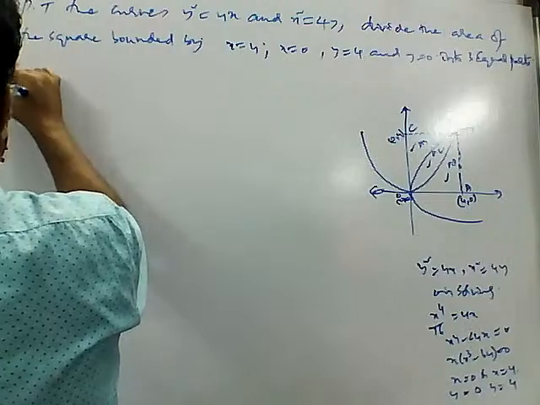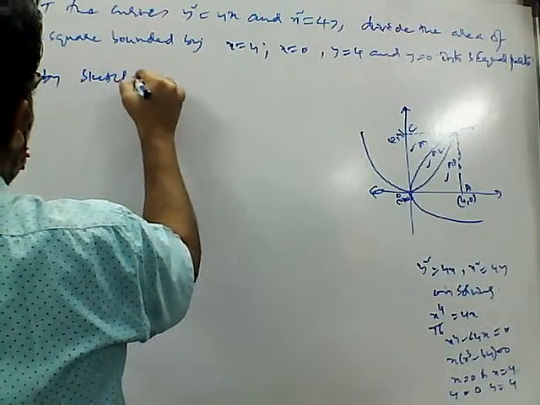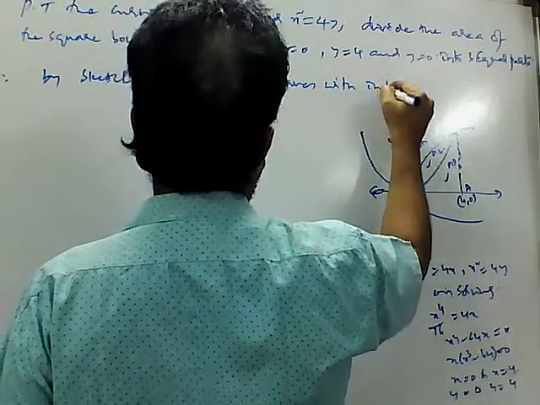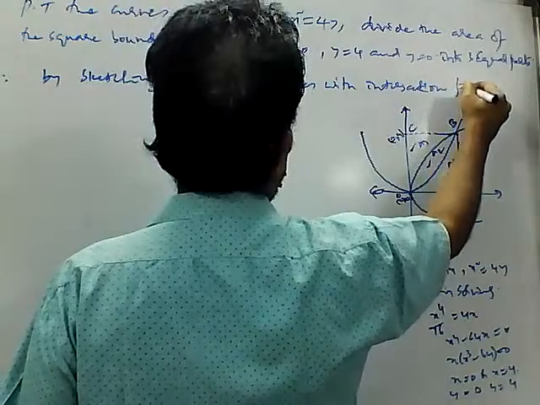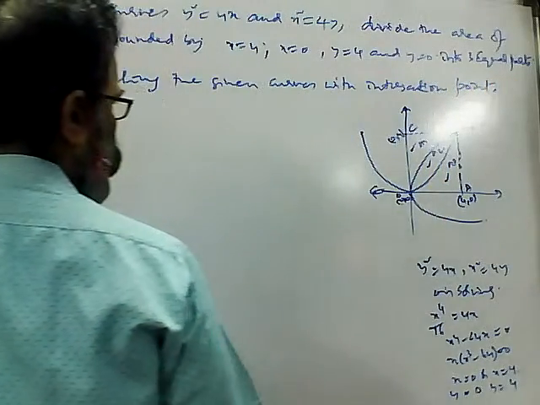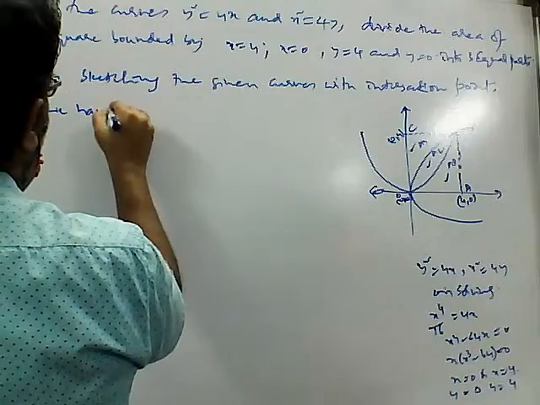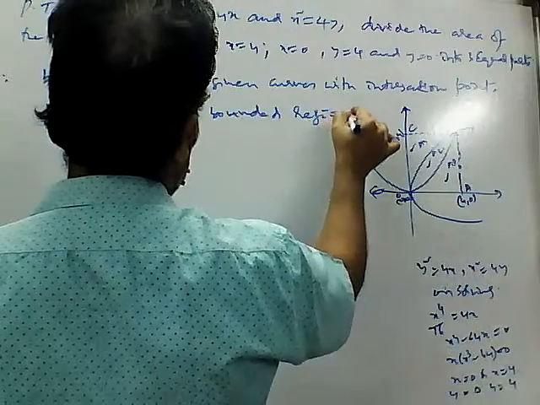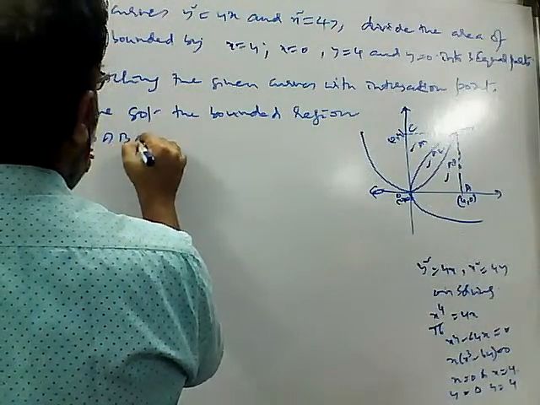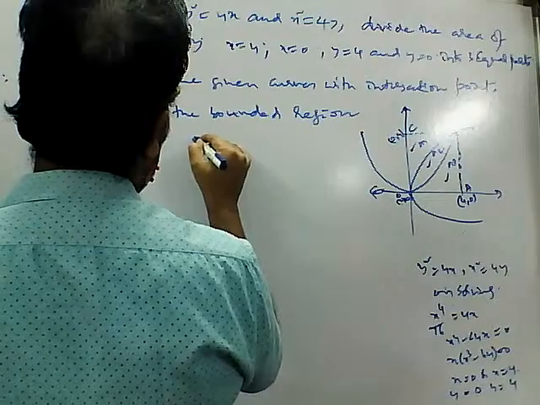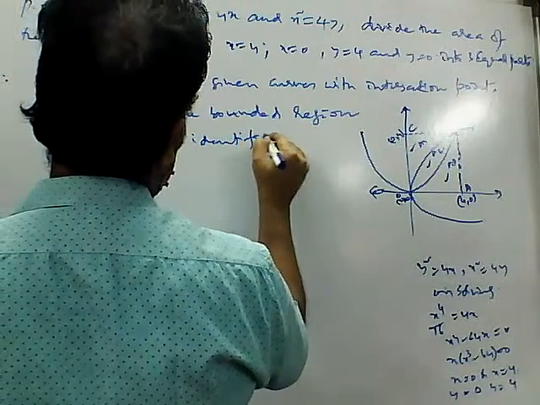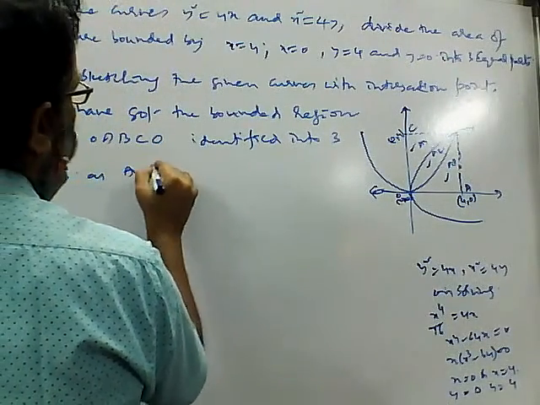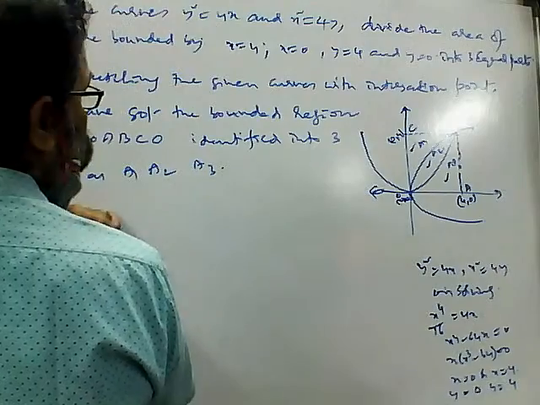Therefore, solution. By sketching the given curves with the intersection points, we have got the bounded region O, A, B, C, O, identified into three parts as A1, A2, A3.